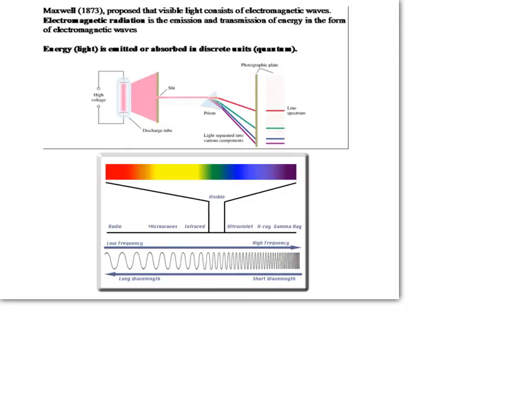Maxwell proposed in 1873 that visible light consists of electromagnetic waves. And so electromagnetic radiation is the emission and transmission of energy in the form of electromagnetic waves. So remember that we said energy or light is emitted or absorbed in discrete amounts or quanta.